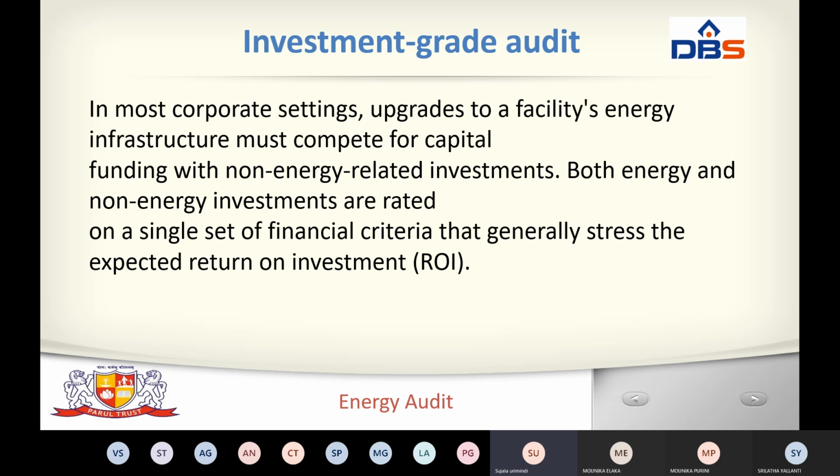post-audit phase. This is the main important one, the detailed general audit. And the last one is the investment grade audit. Level 3 is called the investment grade audit.